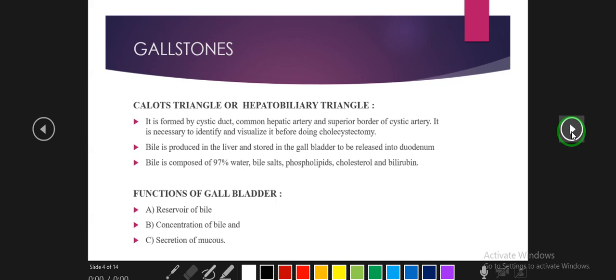Bile is produced in the liver and stored in the gallbladder to be released into the duodenum. Bile is composed of 97% of water, bile salts, phospholipids, cholesterol, and bilirubin. Functions of the gallbladder: number 1, it is the reservoir of bile, concentration of bile, and secretion of the mucus.